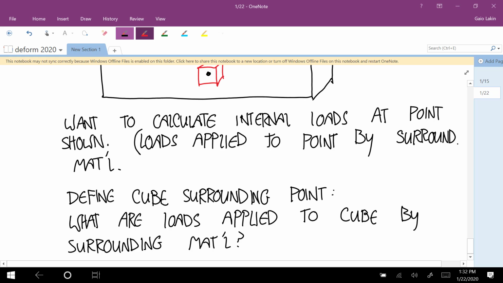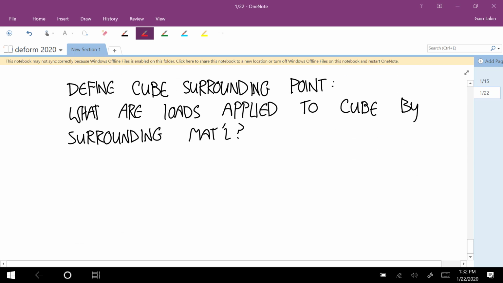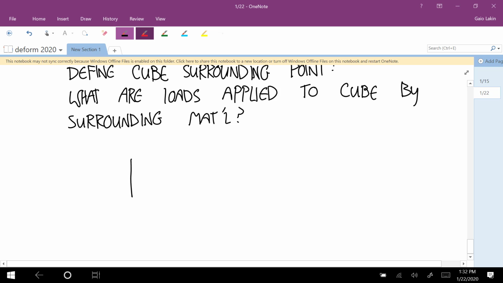Thinking about it like statics, here's the cube, and that cube is surrounded by material that's connected to it. So what kind of joint would you say there is between each one of these 6 faces and the surrounding materials?